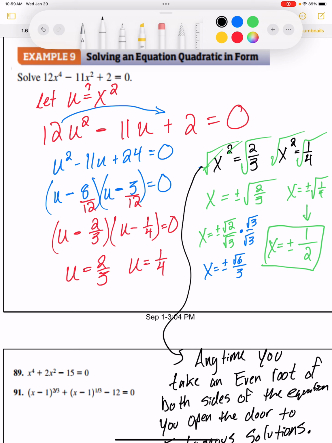Now let's try the negative version. I'm going to go back, press up twice and select that whole equation. And now I'm just going to enter a negative sign in front of my square root symbol. You can do it all over if you want, but I prefer to highlight the square root symbol and then hit second, and then the delete button makes an insertion, and you can insert a negative right there.